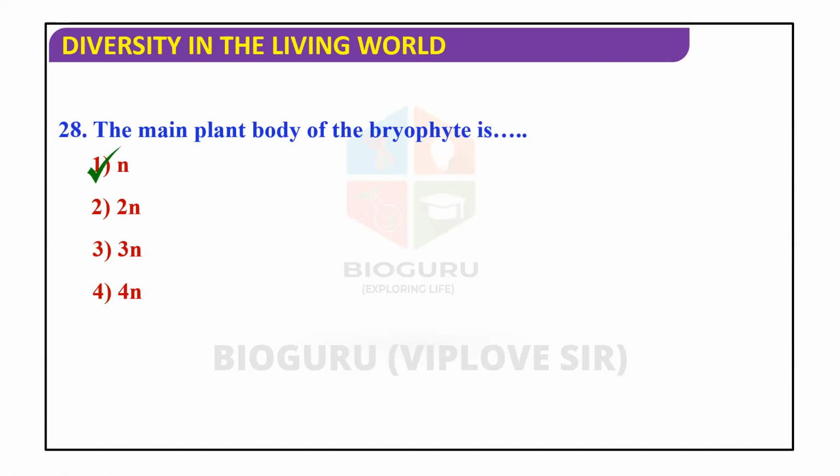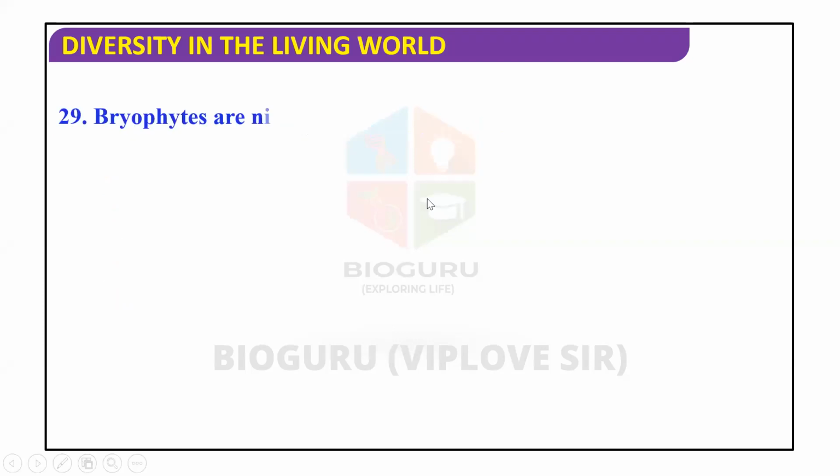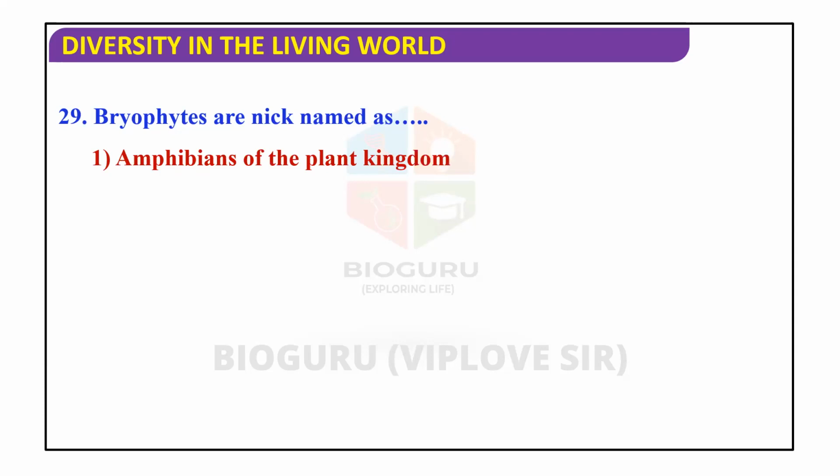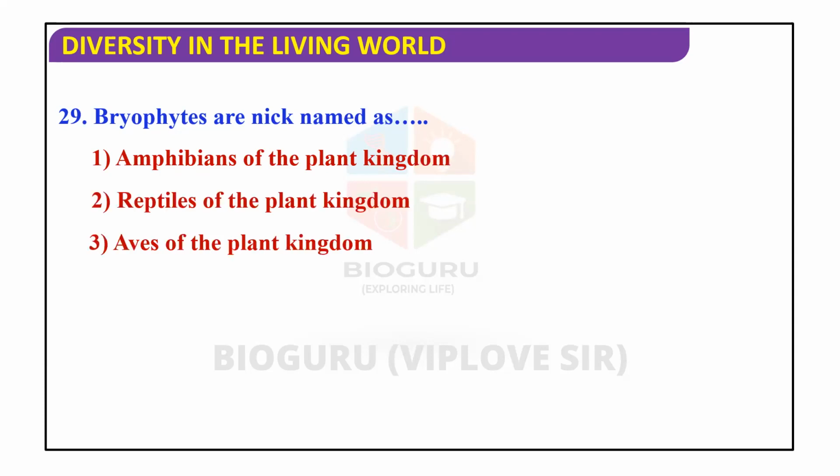Yeah, it is n, which means haploid. That's good. Then bryophytes are nicknamed as amphibians of the plant kingdom, reptiles of the plant kingdom, aves of the plant kingdom, or mammals of the plant kingdom. That's nice. It is amphibians of the plant kingdom.